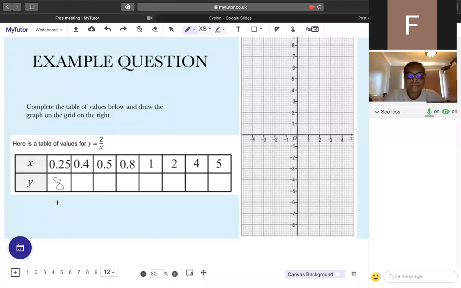So you need to do 2 divided by 0.4, which would give you 5. And then for x equals 0.5, you need to do 2 divided by 0.5, which would give you 4. Then you need to do the same thing for when x is equal to 0.8. So you would get 2.5.